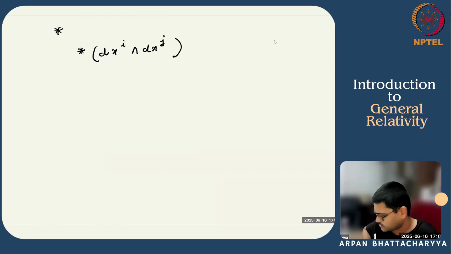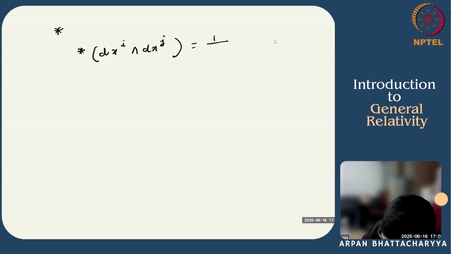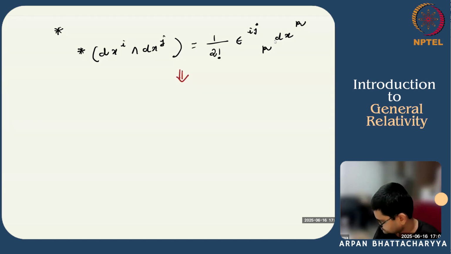Taking a star of that, since you are working in 3 dimensions, it will give you a 1-form. So again, d minus p, 3 minus 2.